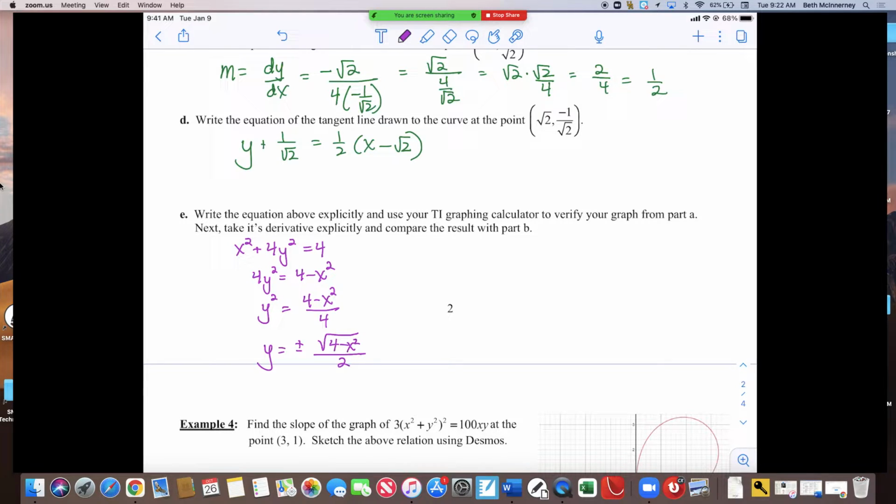So then let's do the derivative. If you brought down the 1/2 with that 2, do you understand that would be 4? Times, and the derivative of the inside is negative 2x.